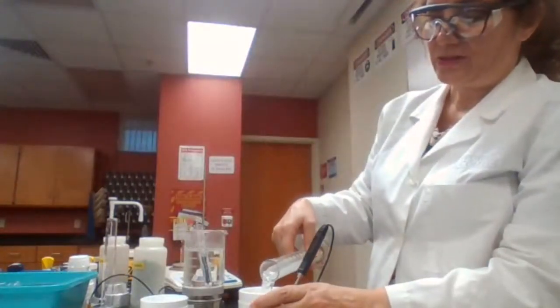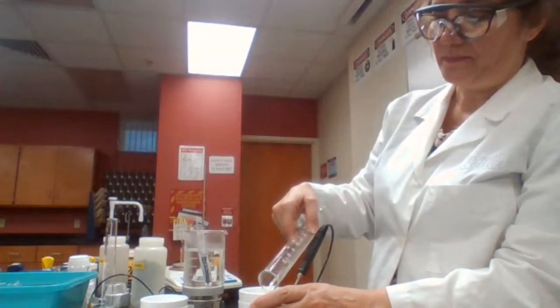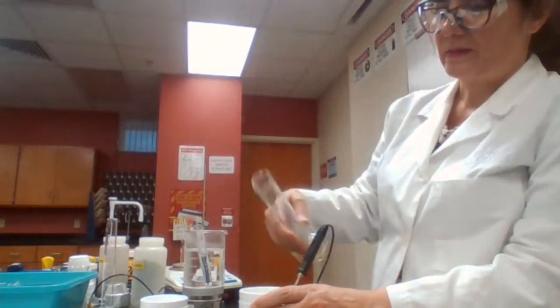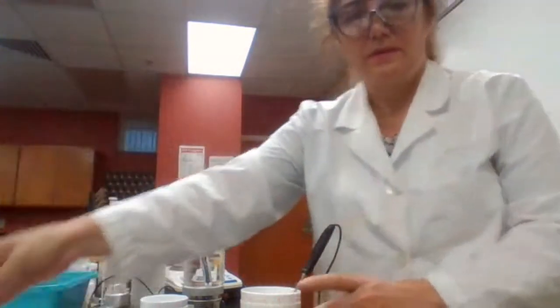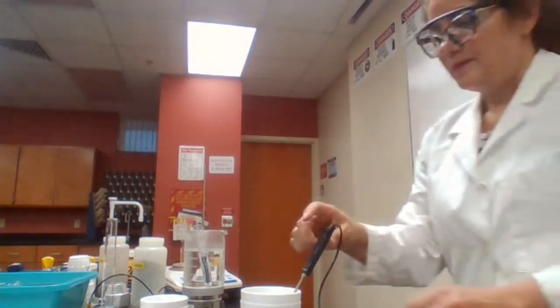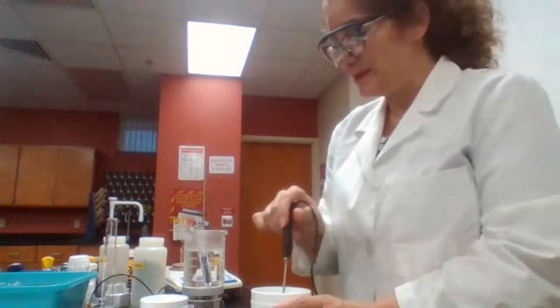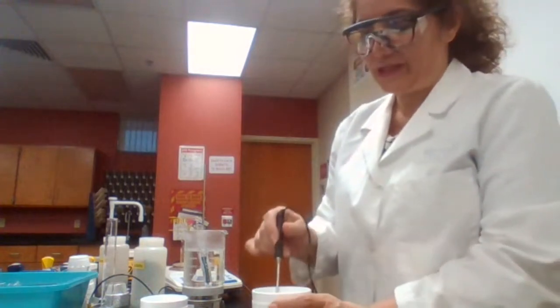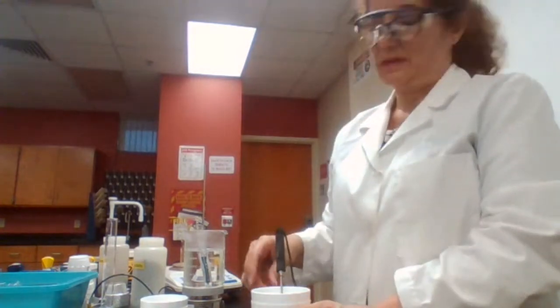We take 100 milliliters of water. We place it into the styrofoam cup. Was that 100 or was it less or more? Do you know if it's 100? 100 milliliters, okay, of deionized water. When we record the temperature for this water, that's the initial temperature for water.